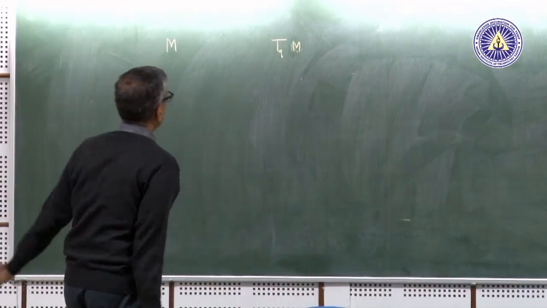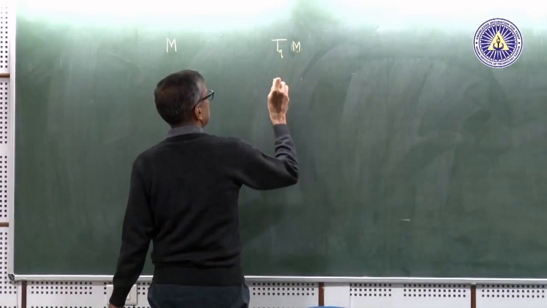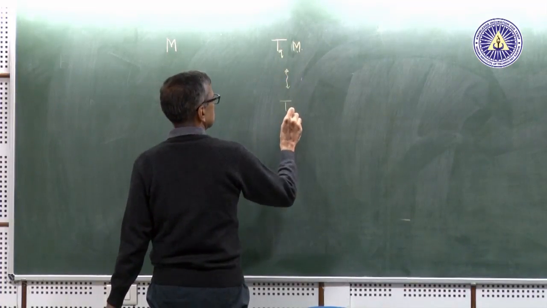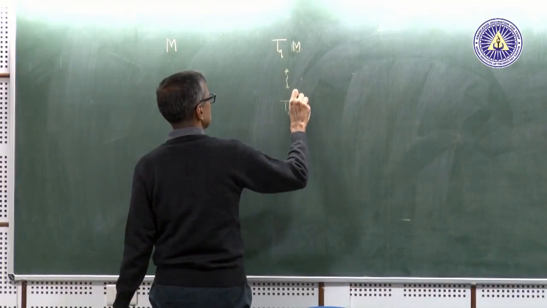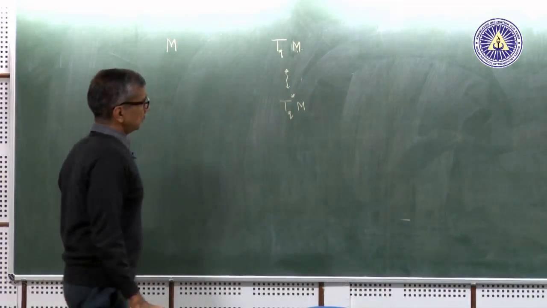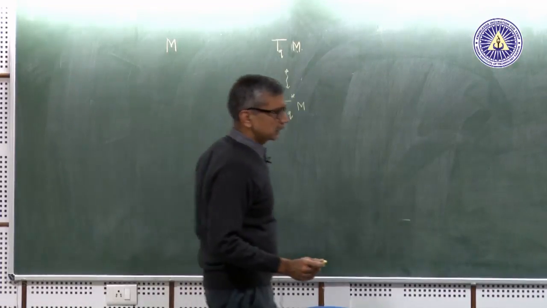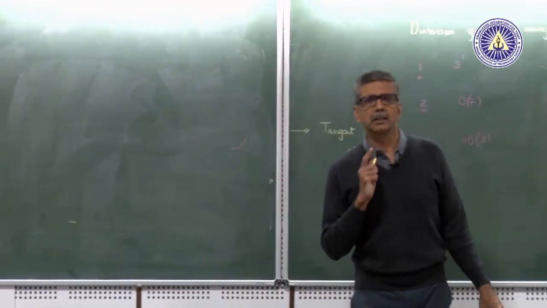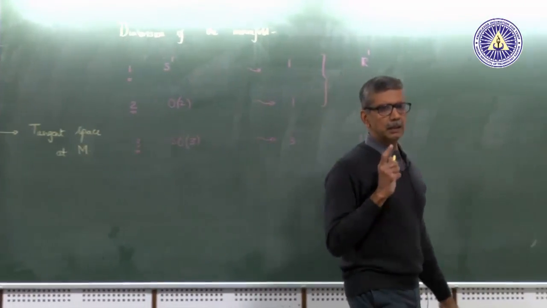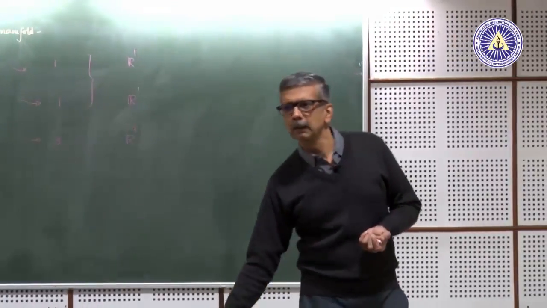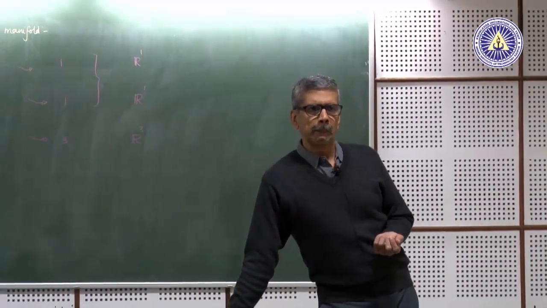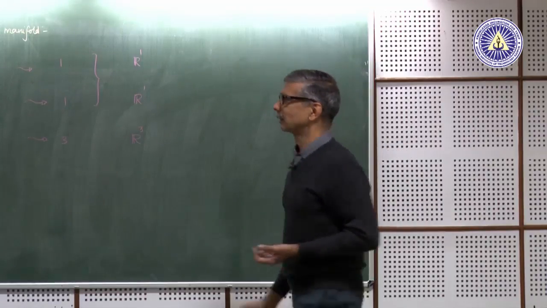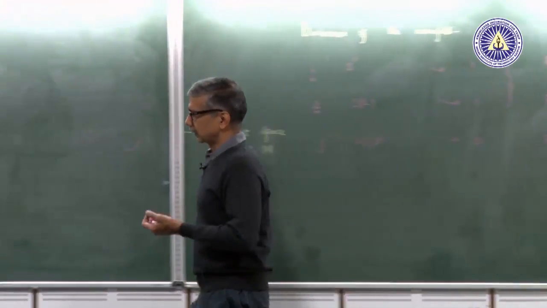Now associated with every vector space is a dual space, a dual vector space, which is basically the vector space of all linear functionals. Linear functionals, clear? You're not clear, okay. All right.